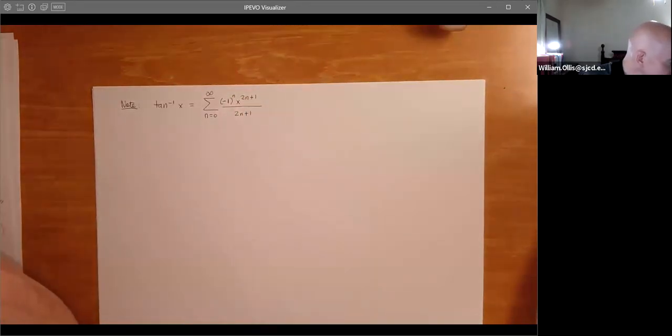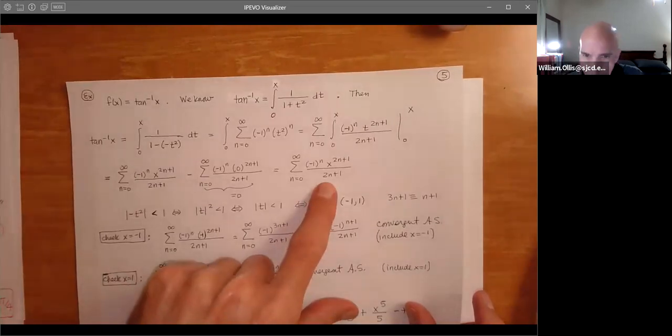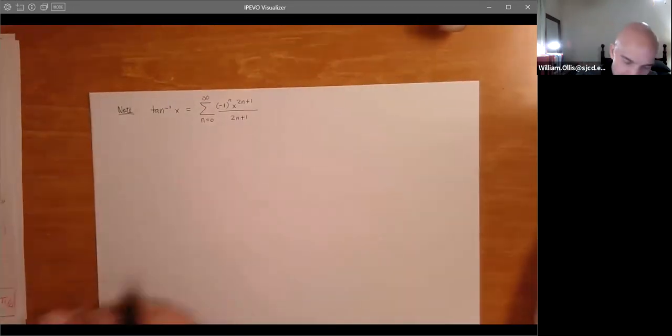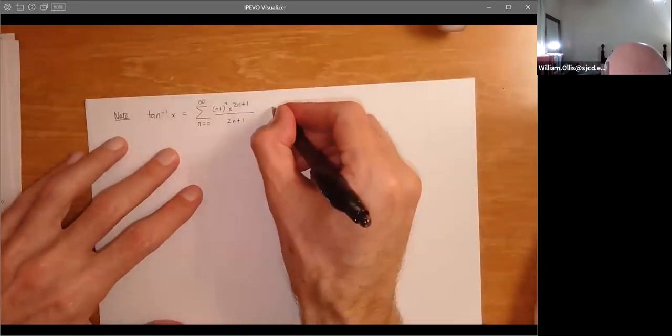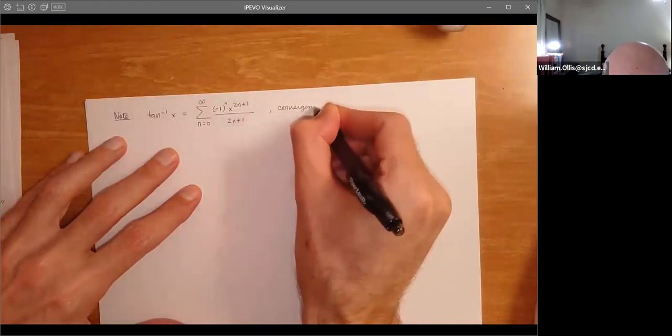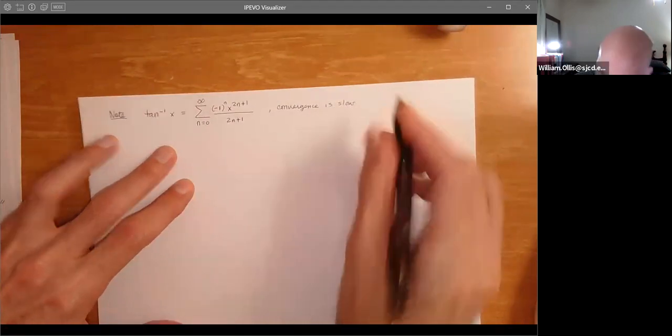So when we did this, remember, here was the series that we got right there that I just wrote. And what we note is that the convergence is slow, in the sense that you need lots of terms.